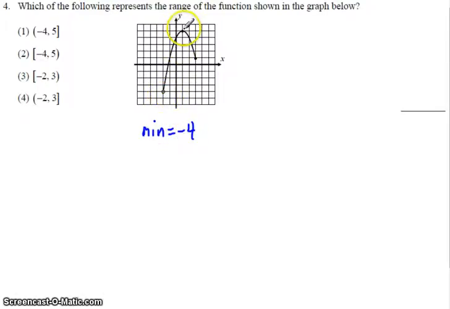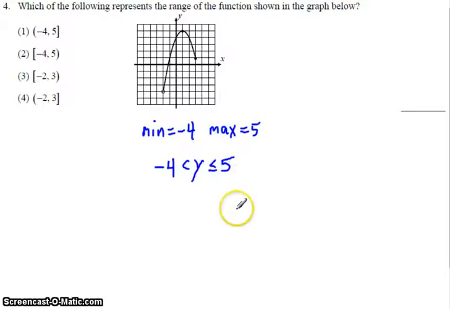And the maximum is 5. So normally, the way we've been doing it all year, we say the minimum, since it's an open circle, we're going to leave this as just less than with the y, and then y equals 5 because it's a closed circle there.